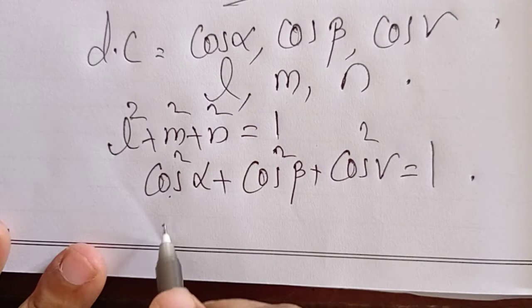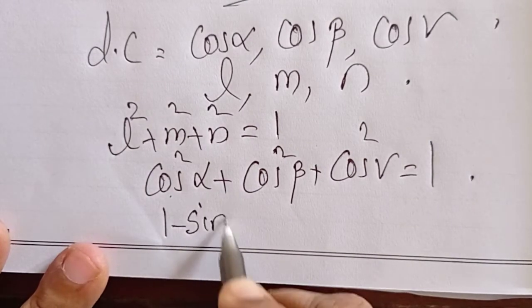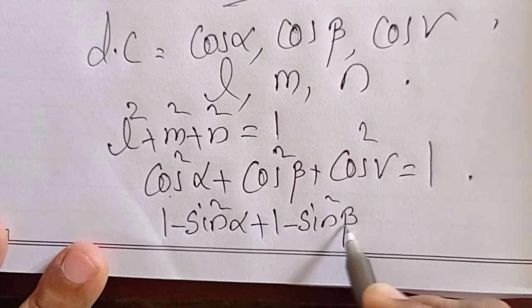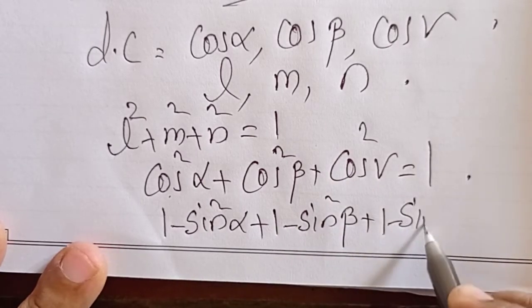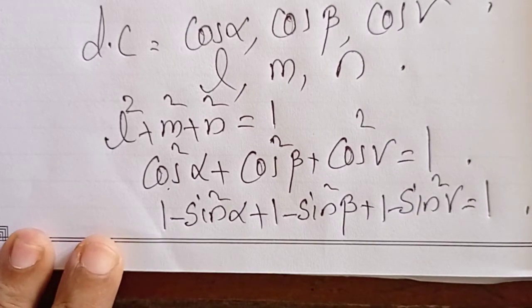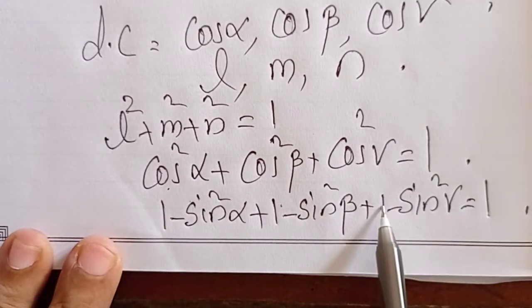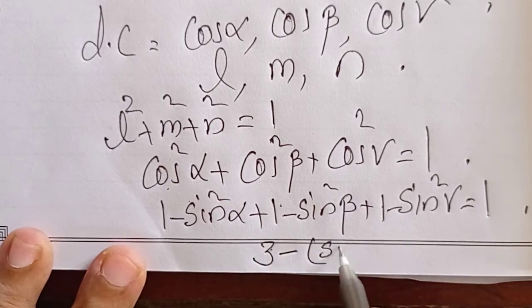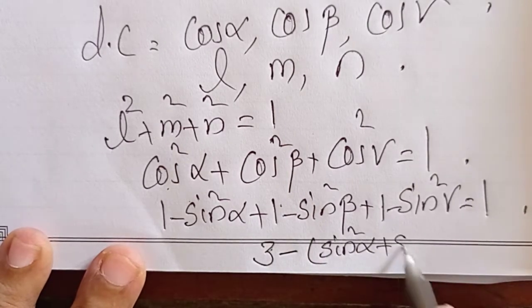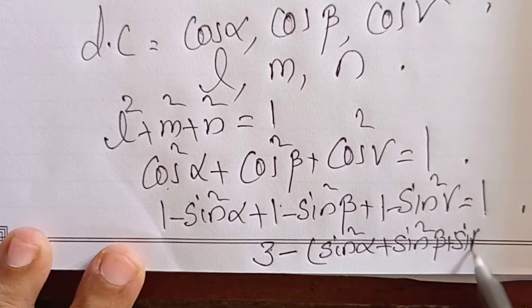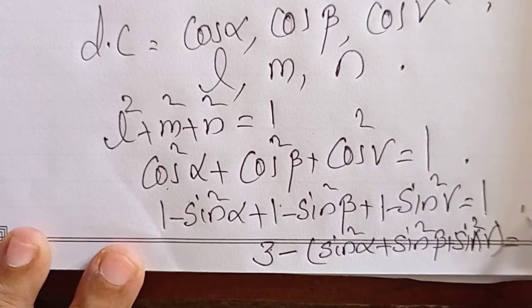This cos square we can write as 1 minus sine square alpha plus 1 minus sine square beta plus 1 minus sine square gamma is equal to 1. Right. Then 1 plus 1 plus 1 is 3, minus of sine square alpha plus sine square beta plus sine square gamma is equal to 1.